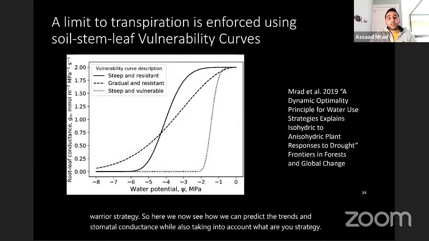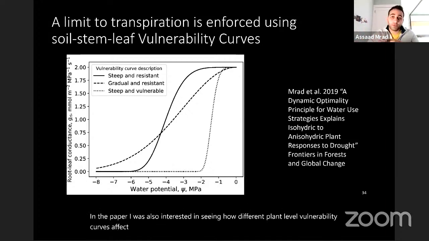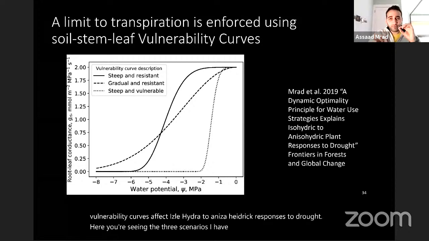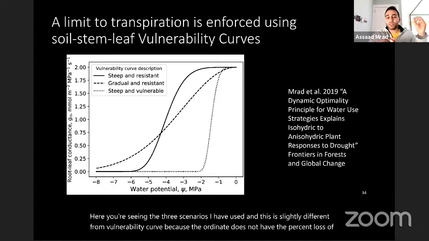In the paper, I was also interested in seeing how different plant level vulnerability curves affect isohydric to anisohydric responses to drought. Here you're seeing the three scenarios I've used. And this is slightly different from a vulnerability curve because the ordinate does not have the percent loss of conductance. It actually has the root to leaf conductance.